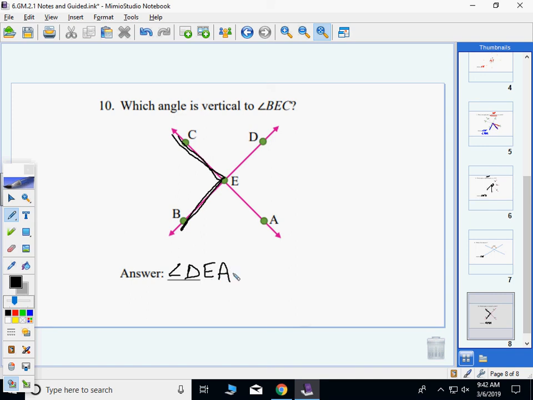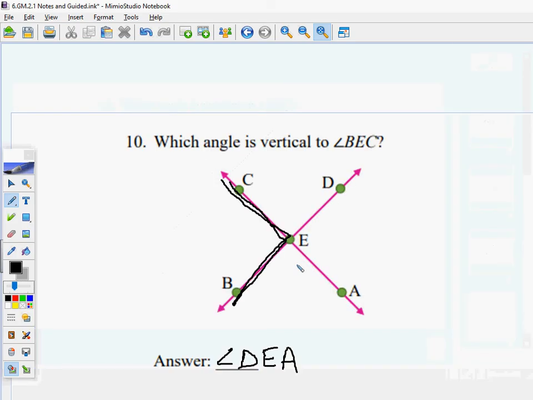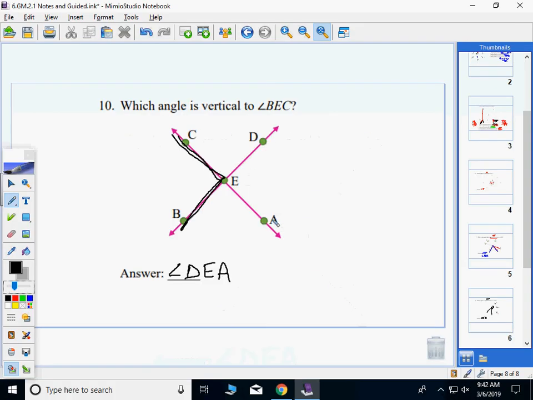Okay, good. So vertical angles are going to be congruent or equal. Congruent is another word for equal. Complementary angles add to equal 90 degrees. And supplementary angles add to equal 180 degrees.